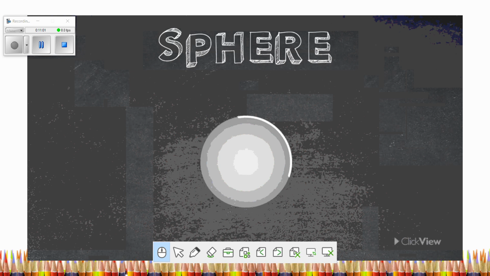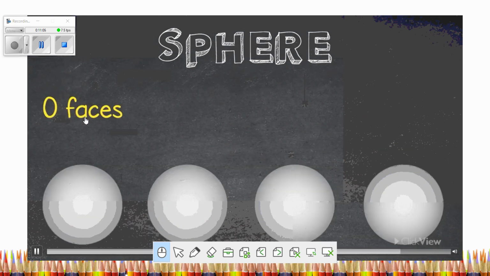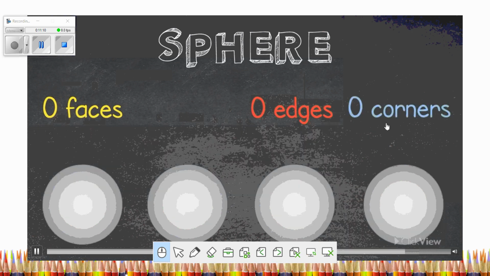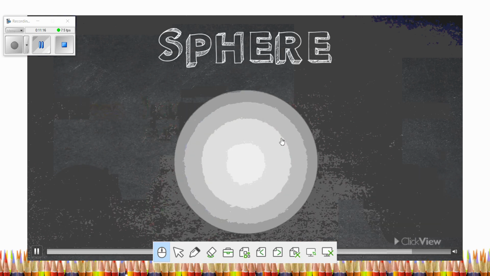The last one is a sphere. The sphere has zero faces, zero edges, zero corners, and one curved surface.